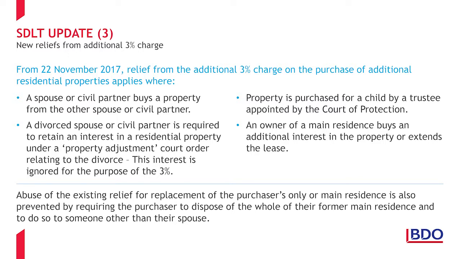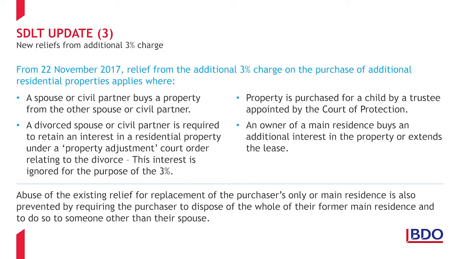This interest can be ignored for the purposes of calculating the 3%. And an owner of a main residence buying an additional interest in the same property or extending the lease will not now pay the 3%.